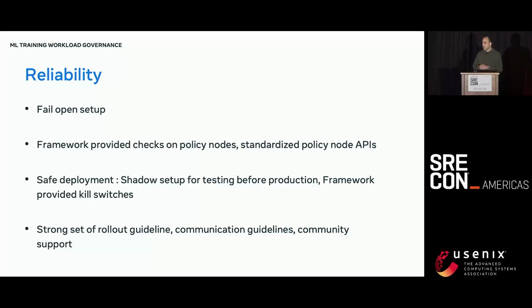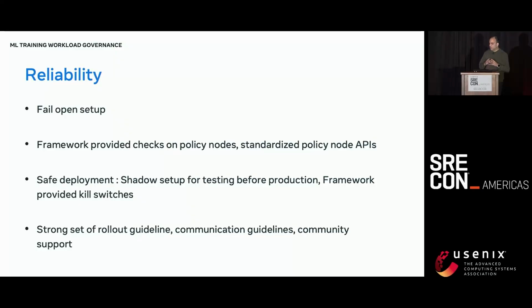We have standardized how we write the policies, with standard APIs, so that kind of puts swim lanes in terms of implementation to have high reliability. We have a very strong deployment setup for these policies.